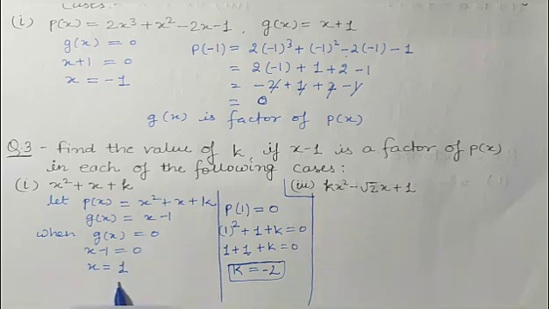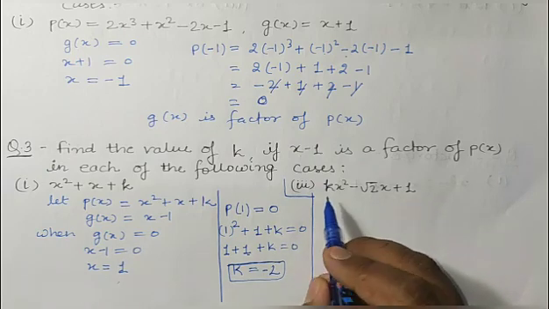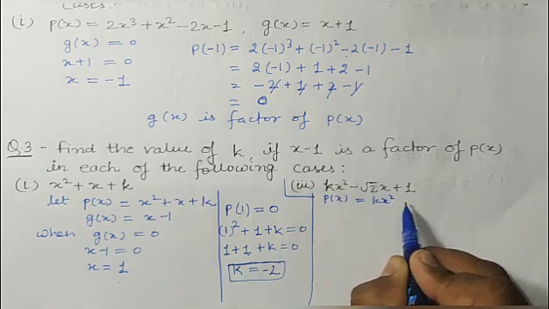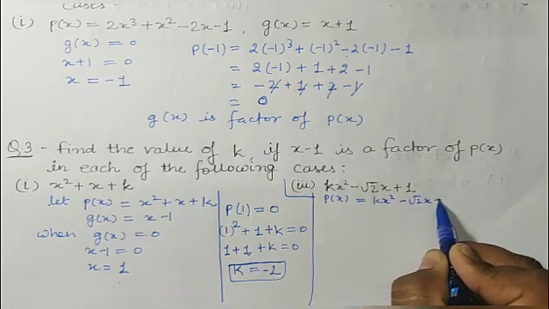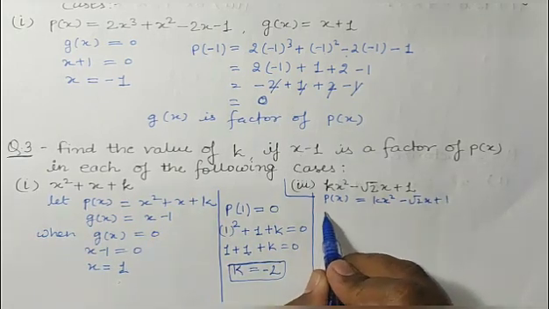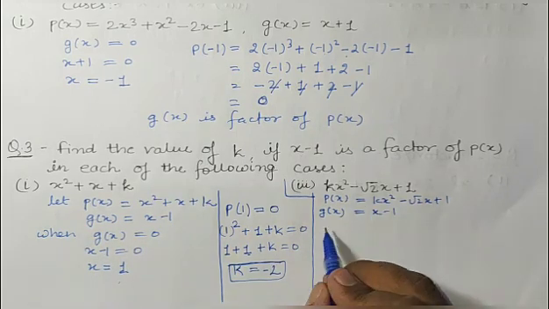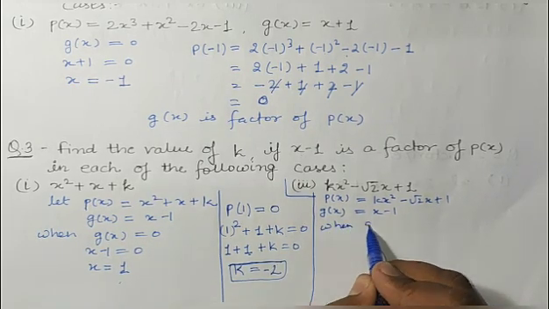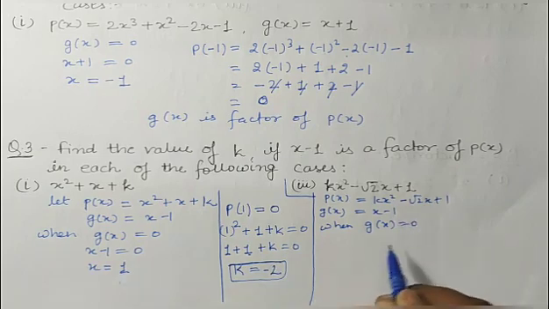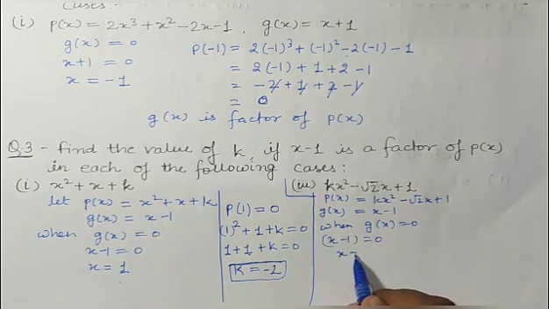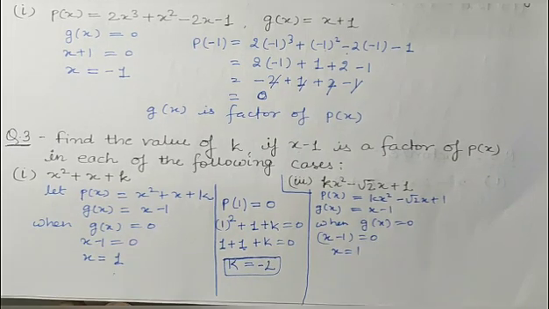We know that x is equal to 1, so again you will write here that p(x) suppose is equal to kx square minus under root 2 x plus 1, and g(x) suppose x minus 1. So when g(x) is equal to 0, means x minus 1 is equal to 0, x will be 1.